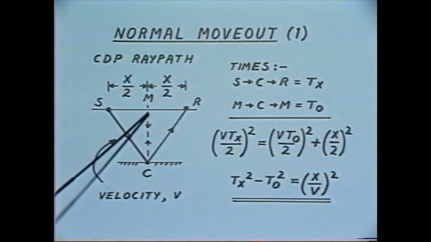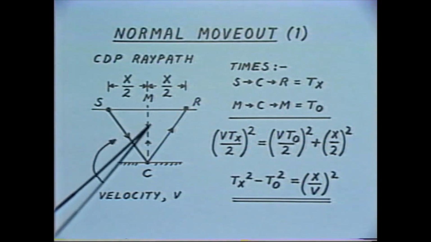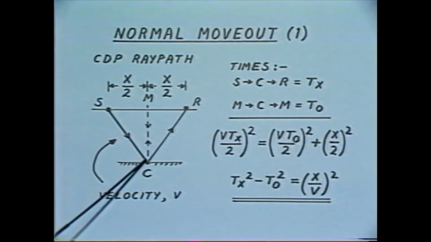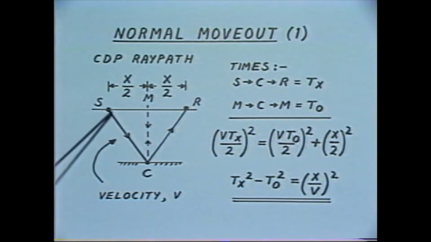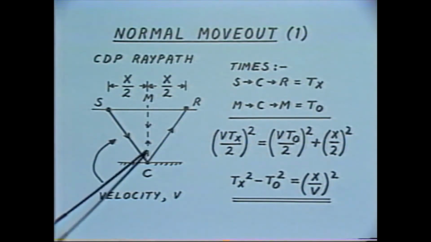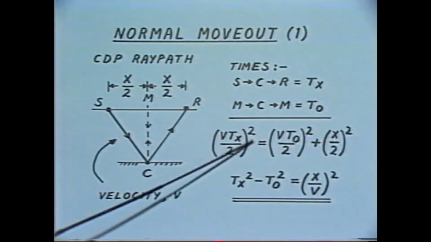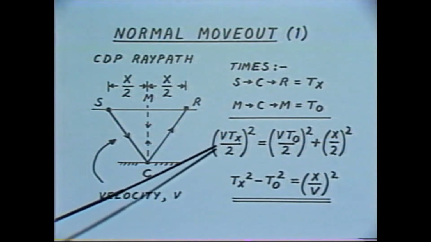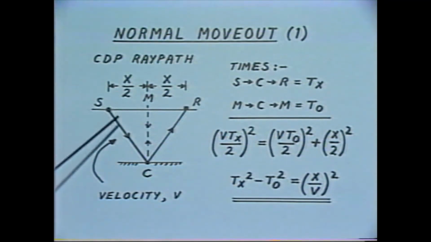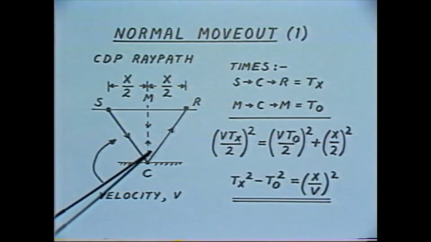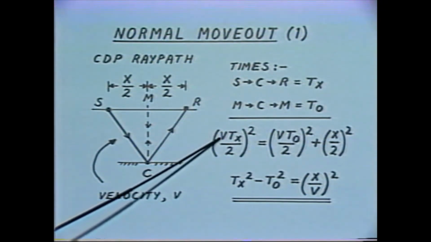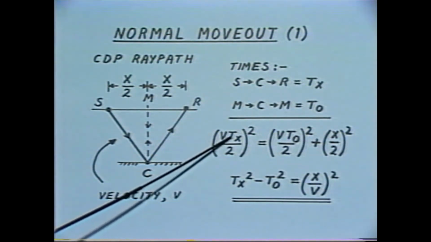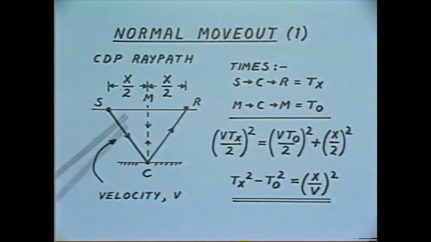Now, if we take one of the triangles in this travel path, then by Pythagoras' theorem, the square of the hypotenuse is equal to the sum of the squares on the other two sides. And that leads us to this equation here, where the distance along one of these sides, along SC, for instance, is the velocity multiplied by half the travel time along that travel path.